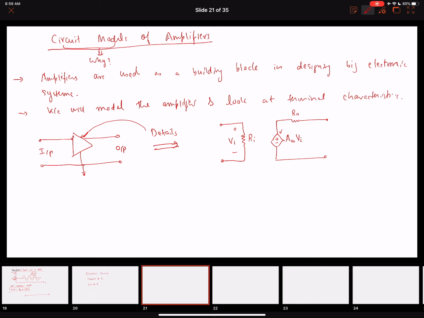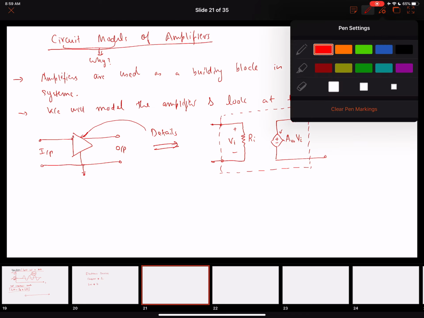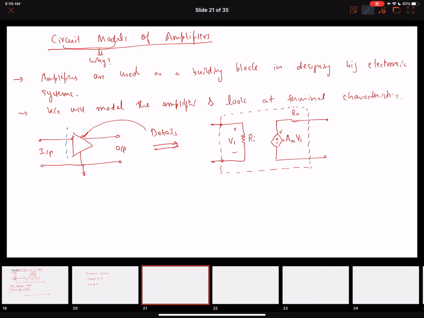Okay, so this is what's inside that triangle, right? I can also draw the same thing here.